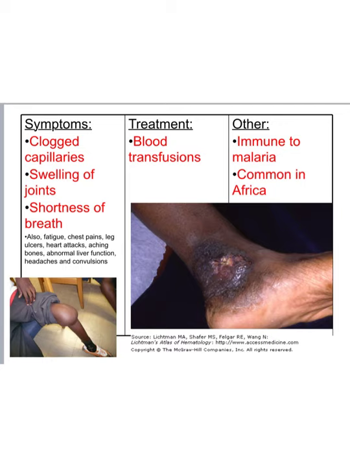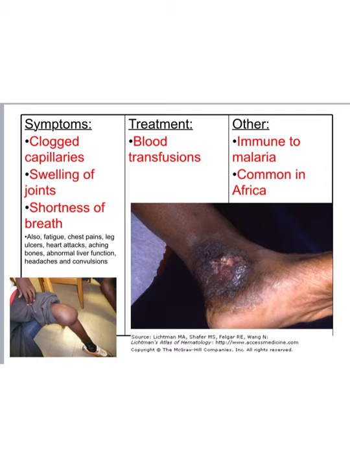So the 3 symptoms that you need to write down on your notes outline are clogged capillaries, as you saw in the picture previously, swelling of joints, because those capillaries are getting clogged in the bloodstream, it causes your joints in certain areas of the body to get swelled up. And because you're not getting the oxygen around your body efficiently, you can get short of breath.